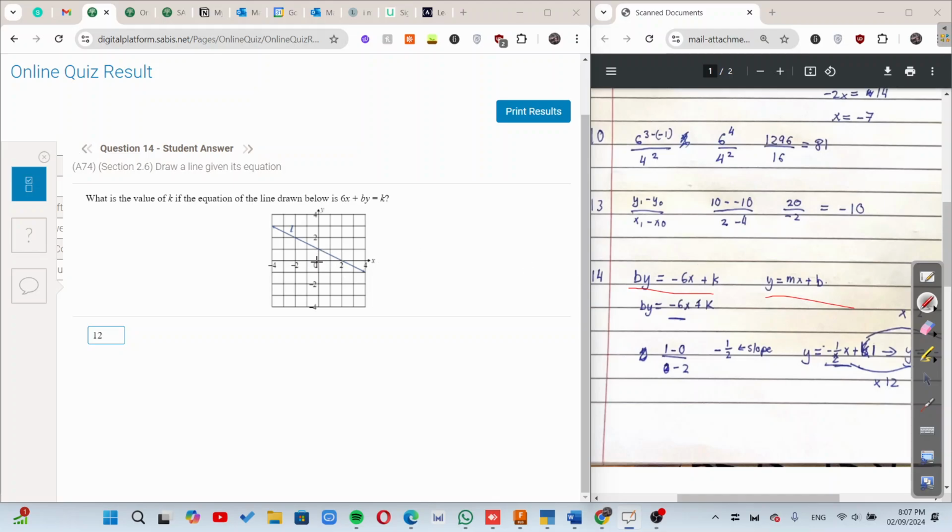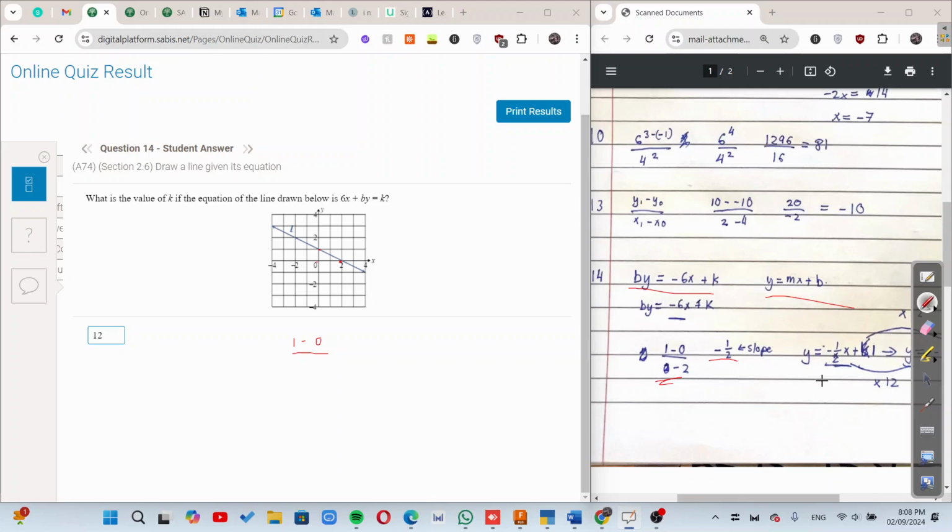You find your slope by doing y1 minus y0, which is 1 minus 0 over 0 minus 2, because you started with the 1 in the y. When you solve this, you get that your slope equals negative half.